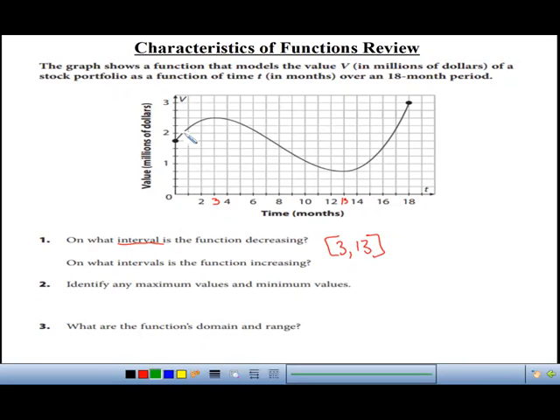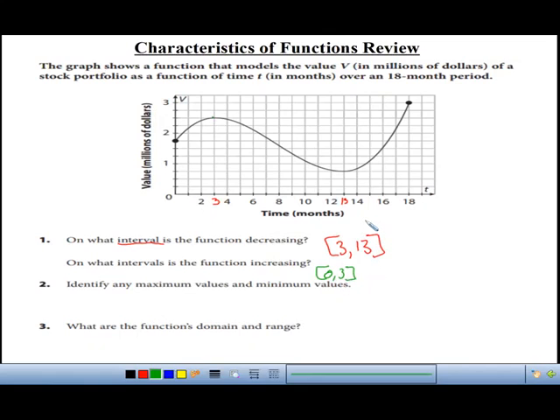So if I start here and it starts going upward up to right there, that's true. So it starts increasing from 0, which is here, and it stops increasing at 3. So it goes from 0 to 3.